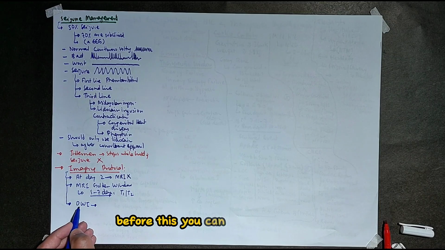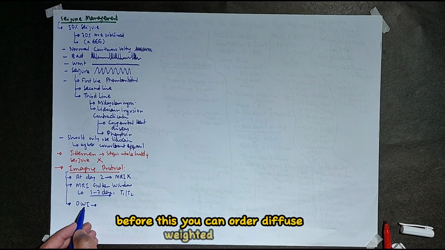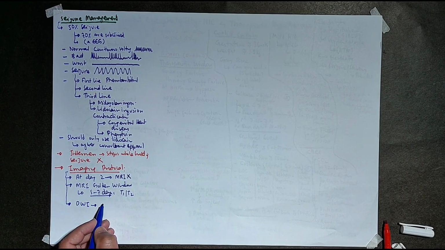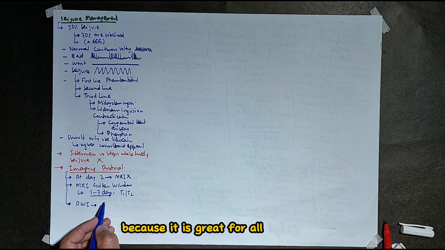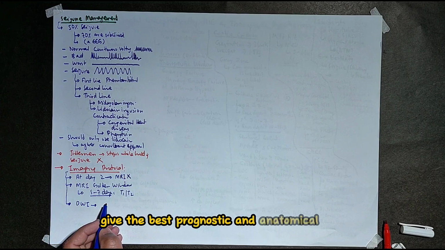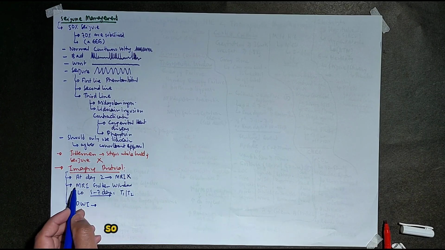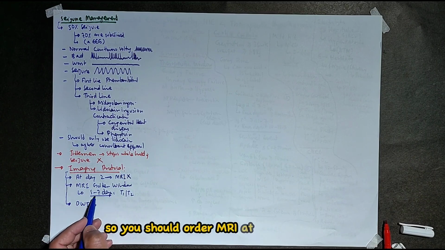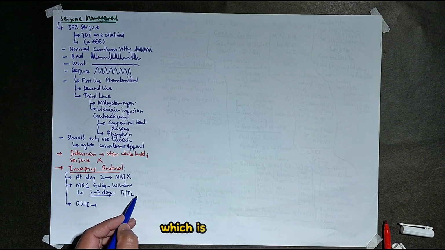Before this, you can order diffusion weighted imaging because it is great for early injury, but T1, T2 at day 5 to 7 give the best prognostic anatomical detail. So you should order MRI at 5 to 7 days, which is T1 and T2.